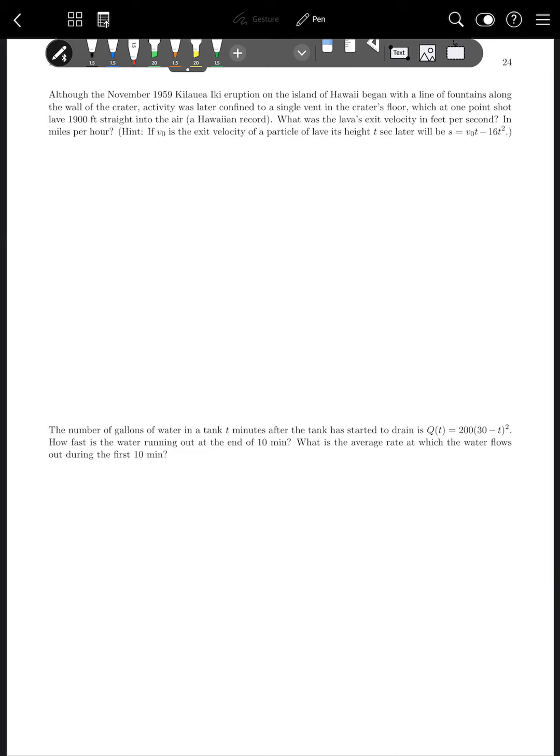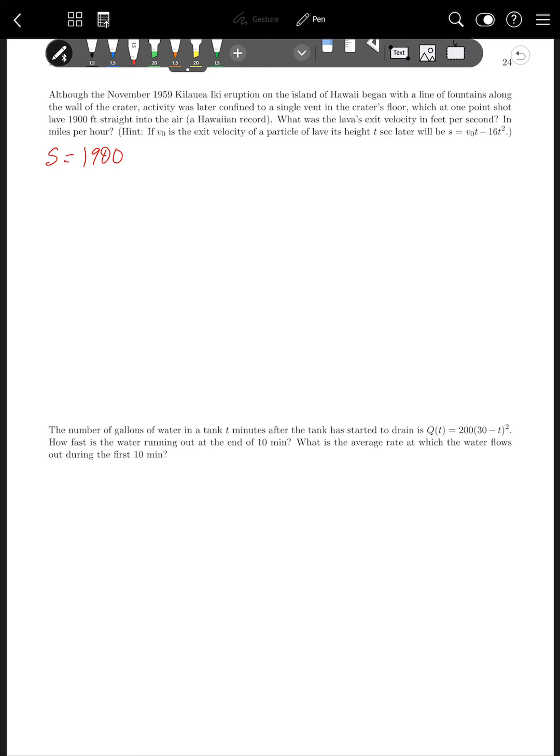So if v naught is the exit velocity of a particle of lava, its height t seconds later will be s equals v naught t minus 16t squared. Okay, so that helps us get this equation.